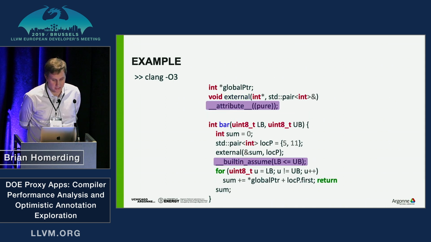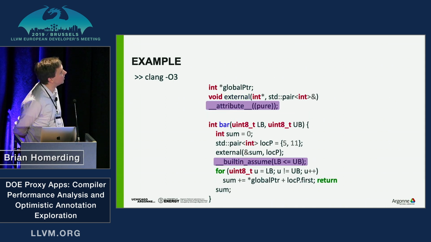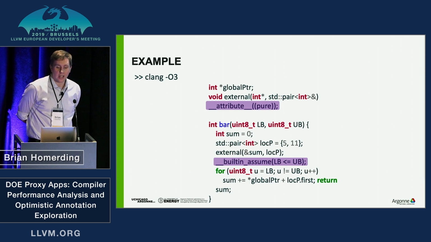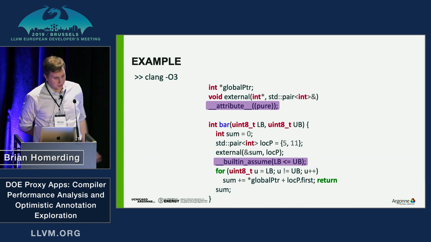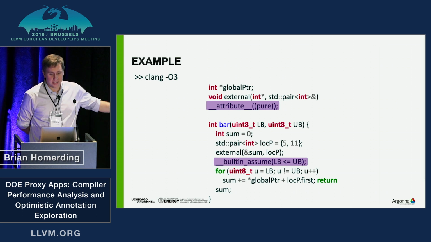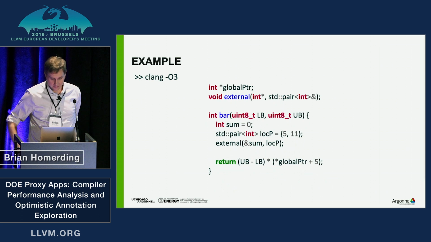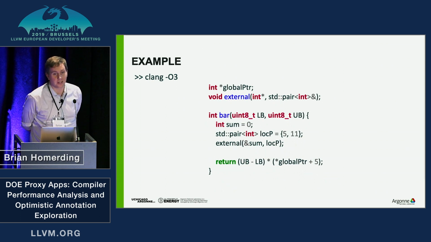We could add the attribute pure to the external function and the built-in assume to make sure that we're not going the other way on the lower and upper bounds. Now, just jumping from here to there is fairly easy, and then you can get a fully closed form expression, which is a good optimization for us.